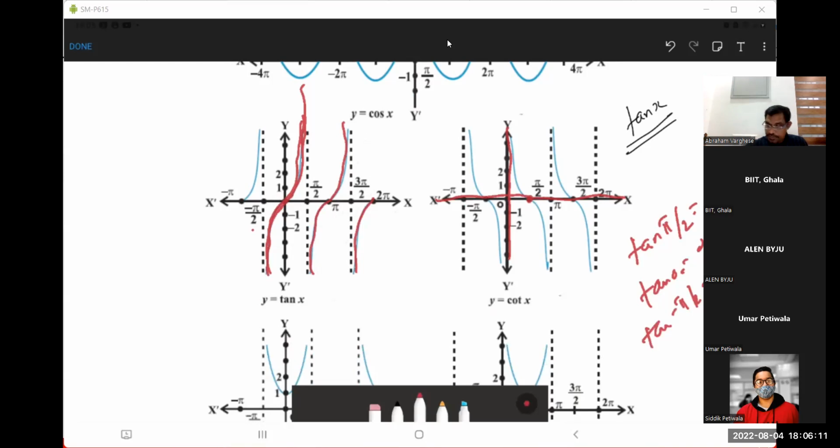Okay. Therefore, if I ask you one question, you remember we have learned the domain and range in the first chapter, right? Sets, relations, and functions. If I ask you what is the domain of sin x, what is your answer?